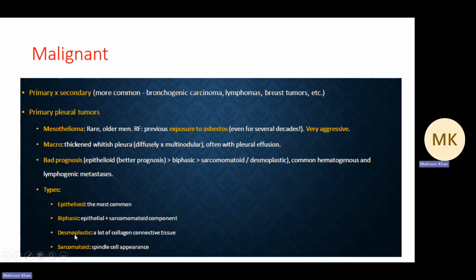You need to know the four types, the names at least, so your examiner knows you know your knowledge properly, because the prognosis also depends on the type of mesothelioma you're dealing with. So the epithelioid, for example, has the best prognosis out of all the four. And the metastasis for mesothelioma would be hematogenous or lymphogenic, so it can be either.